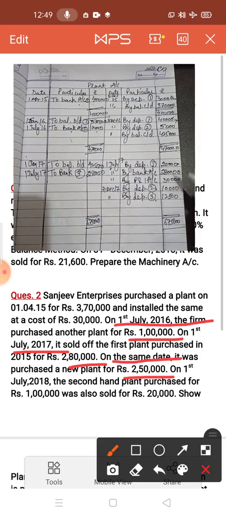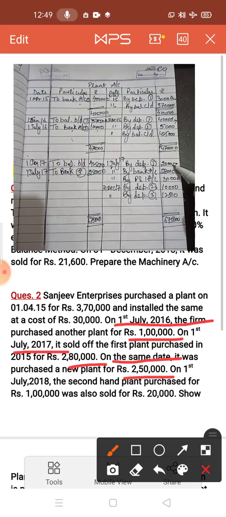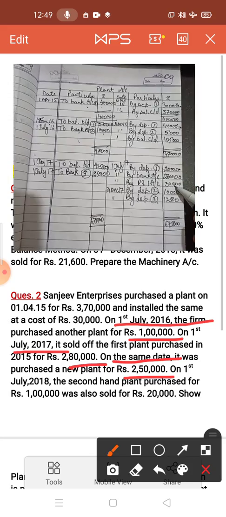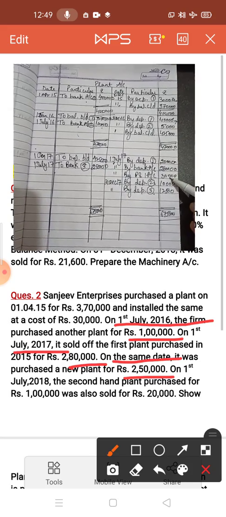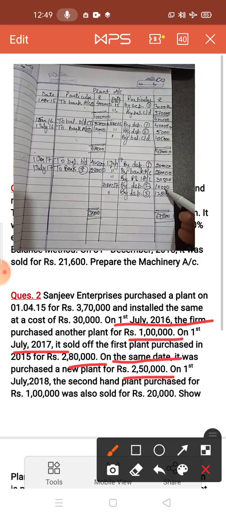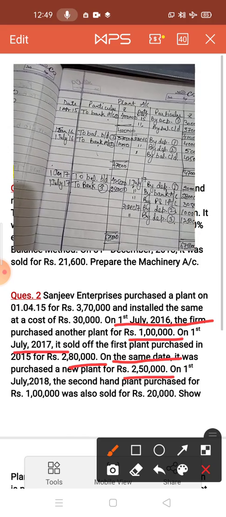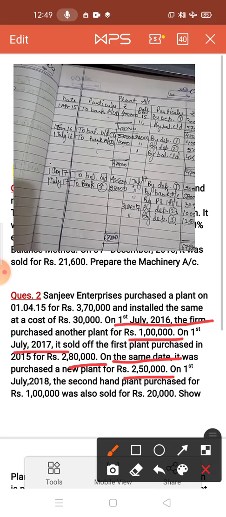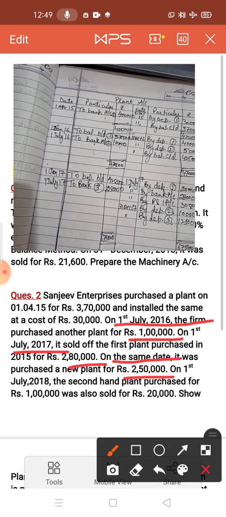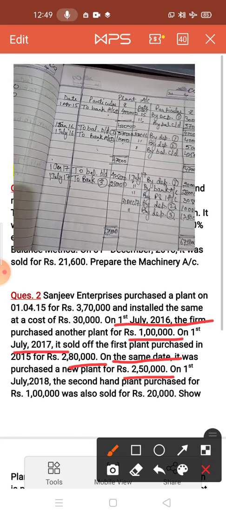The total of this side is 2,80,000 plus 20,000, 3,30,000, 3,40,000, 3,52,500.